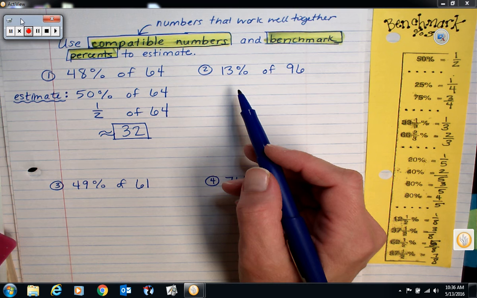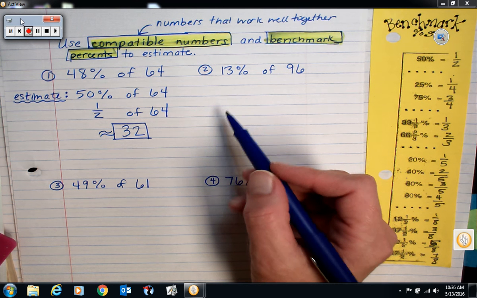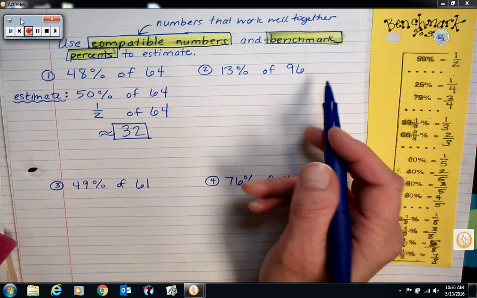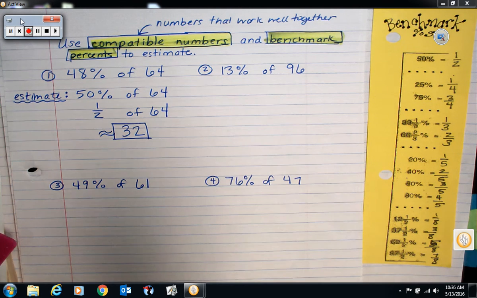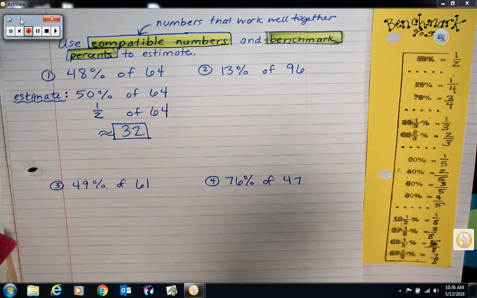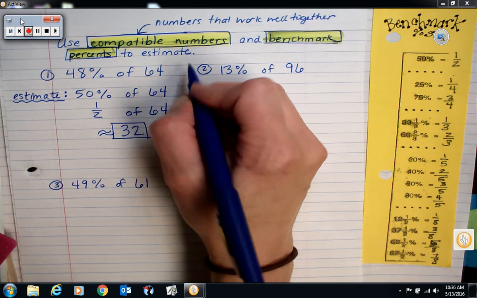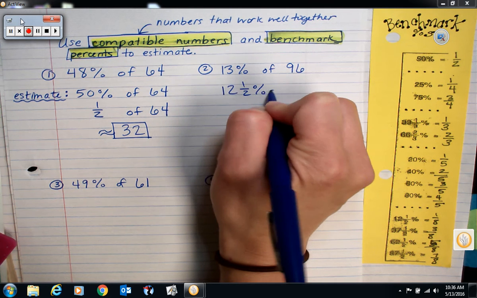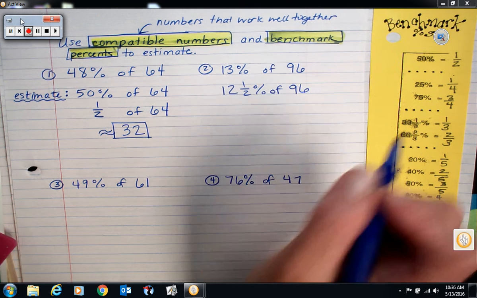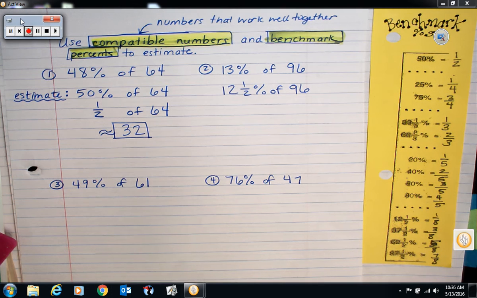The fraction equivalent is 1/8. Does 8 work nicely with 96? Are 96 and 8 compatible? And I'm going to think, yes, they are, because 96 is a multiple of 8. I know I can divide 96 by 8. So I'm going to estimate 12.5% of 96. The fraction equivalent to 12.5% is 1/8.